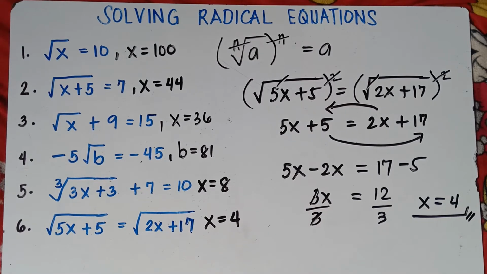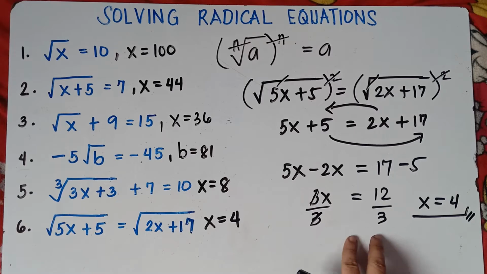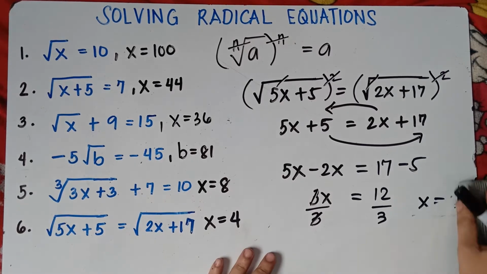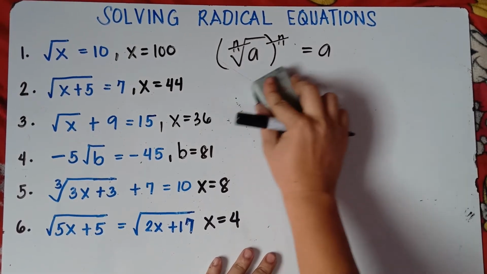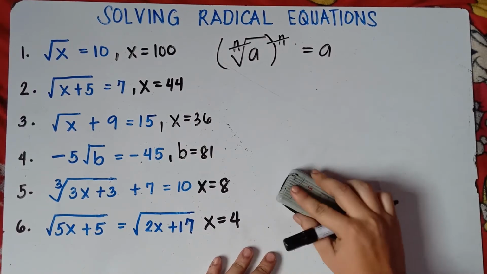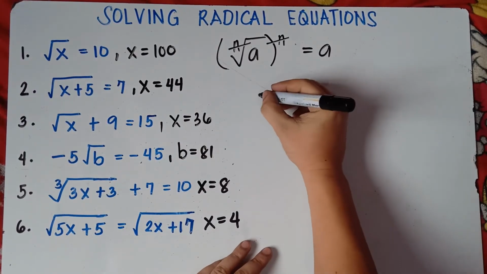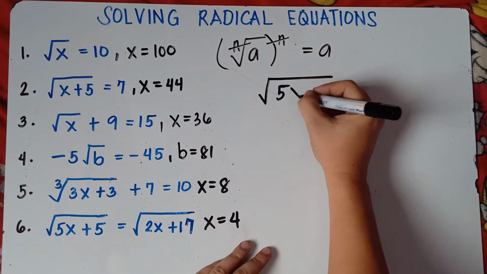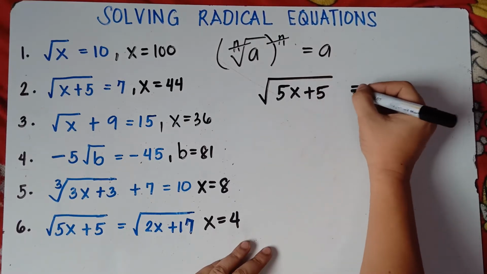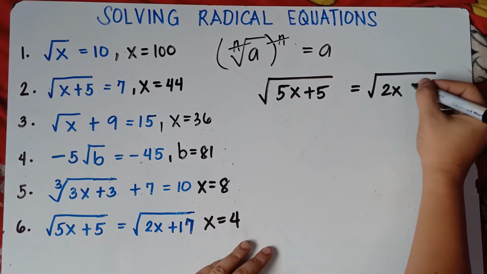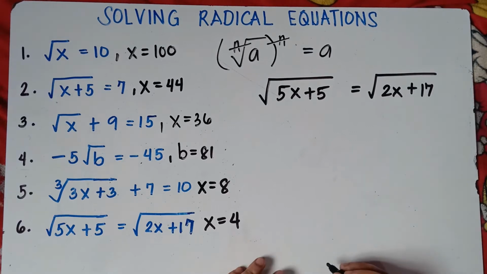Let's check our answer, class. You pause the video. I'll be erasing this one. You always check your answer, class, if you got the right answer. So square root of 5x plus 5 equals square root of 2x plus 17.